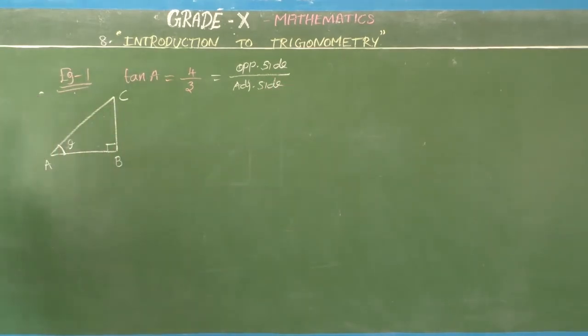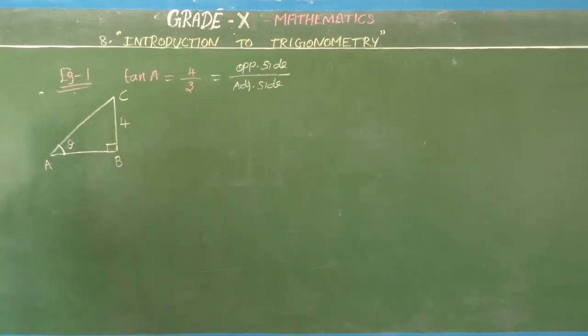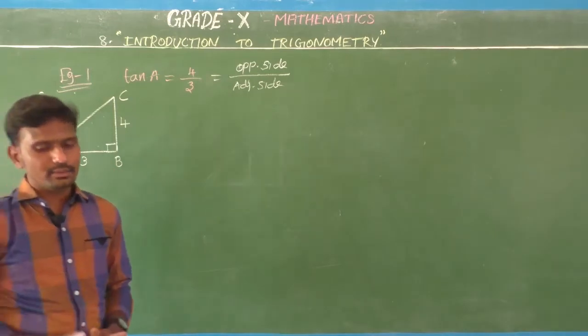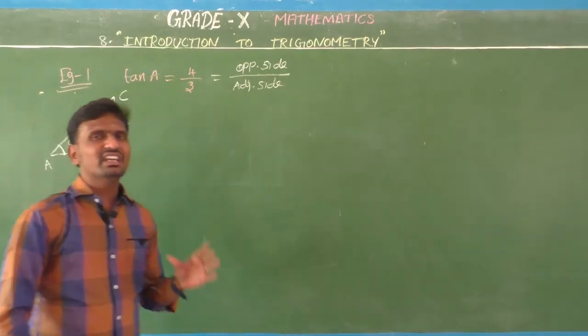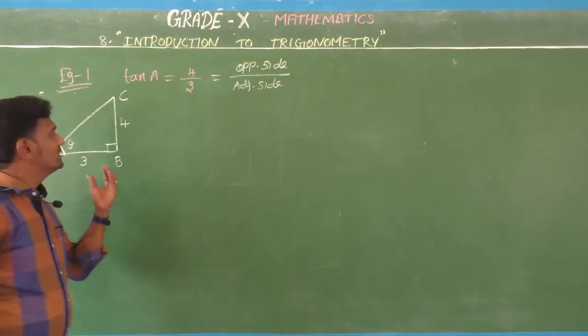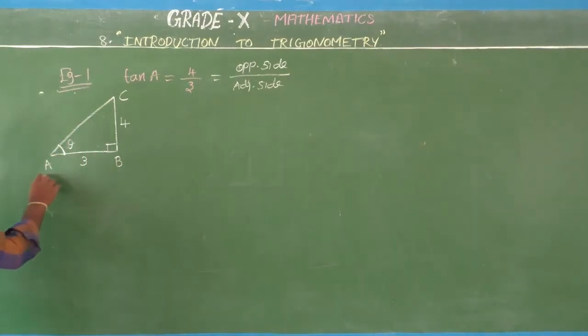Now we have tan A equal to opposite side 4 and adjacent side 3. It is an easy method I am giving you, using the Pythagoras Theorem. Don't look at your book, where it is given in K format. You don't need to follow that, follow this simple way. Tan A is given, that is 4 by 3, so the opposite side is 4 and the adjacent side is 3.